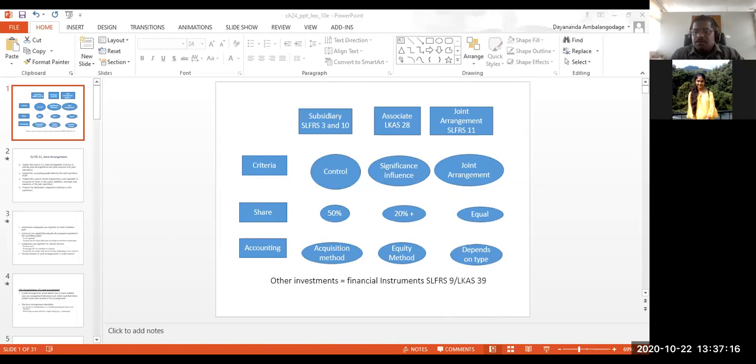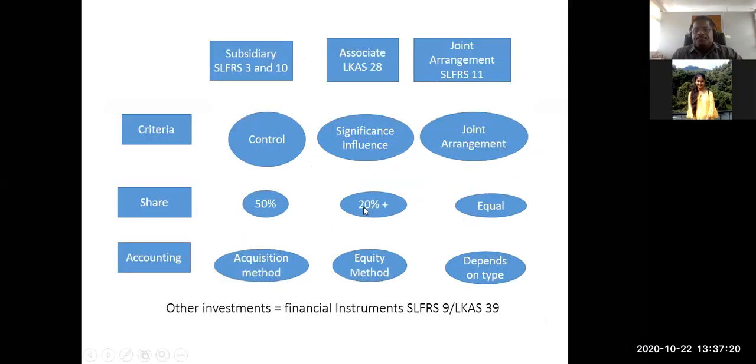Good afternoon, everyone. First of all, I thought of sharing with you the broader picture of investment. One aspect is subsidiary, which is covered under consolidated financial statements, SLFRS 3 and SLFRS 10.